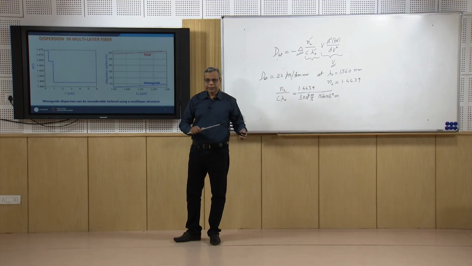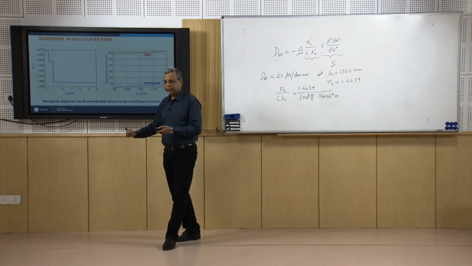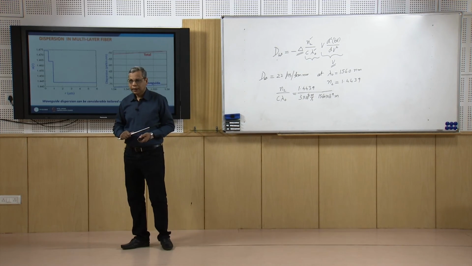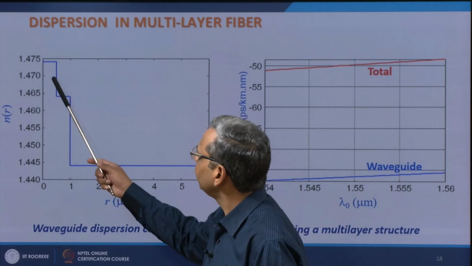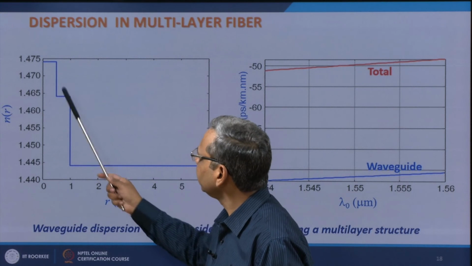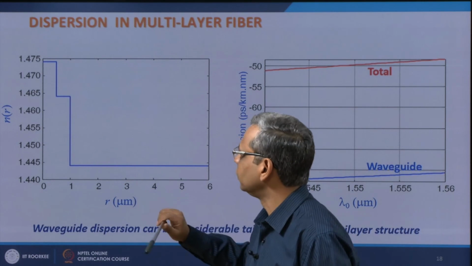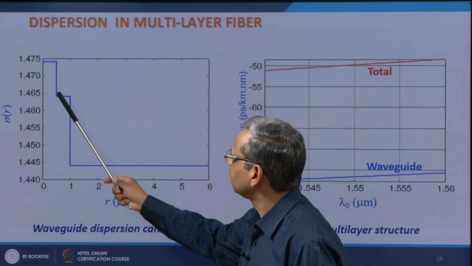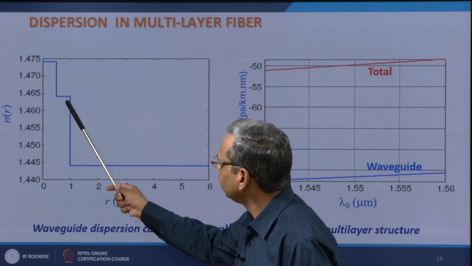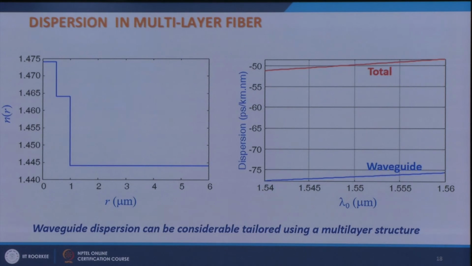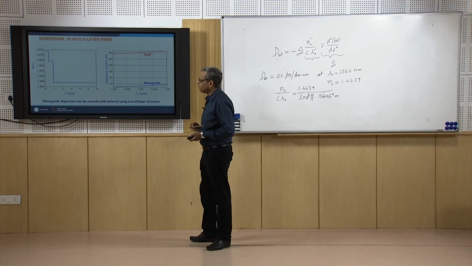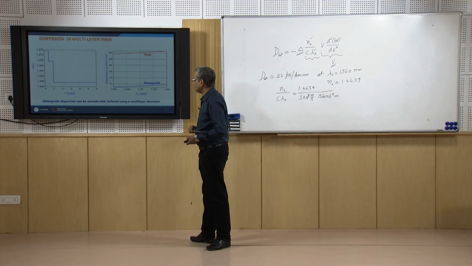So, I have seen step index fiber, I have seen graded index fibers. I can also have multi-layer fibers where the core is not made up of only one layer, but I have 2 layers in the core, one high index layer, then surrounding it a small index layer, and then you have a cladding. With the help of multi-layer fibers I just want to show you that you can drastically change the waveguide dispersion.